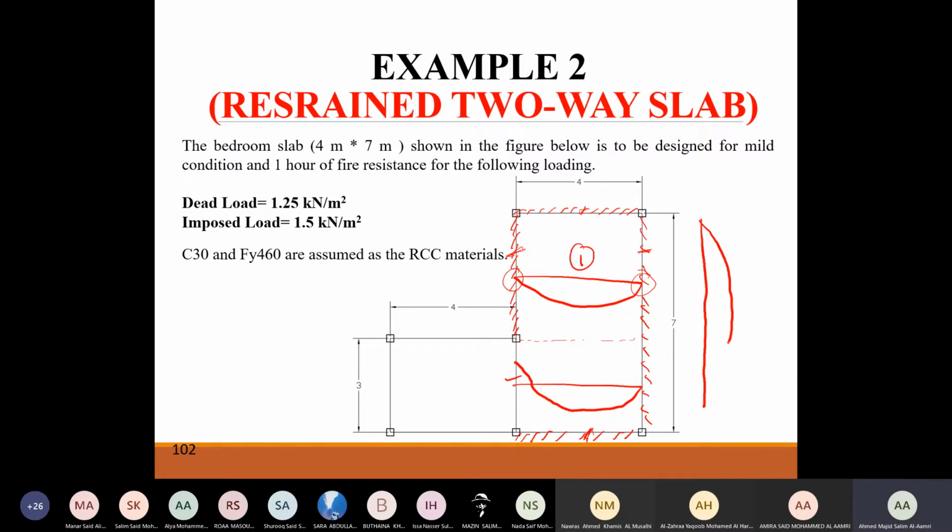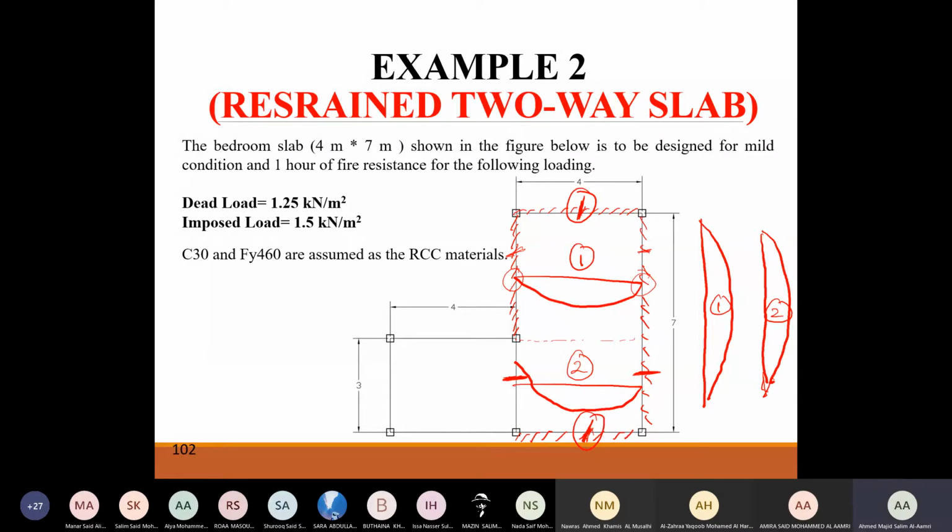So this is going to be the bending moment for case number one. And then the other case, case number two, where we assume this is disconnected, this is connected or continuous, this is disconnected, and this is disconnected. Now for the Y direction, the bending moment is the same, since this is disconnected and this is disconnected.